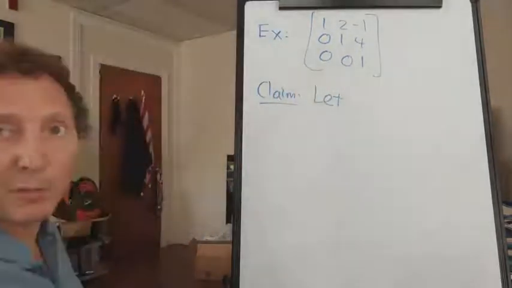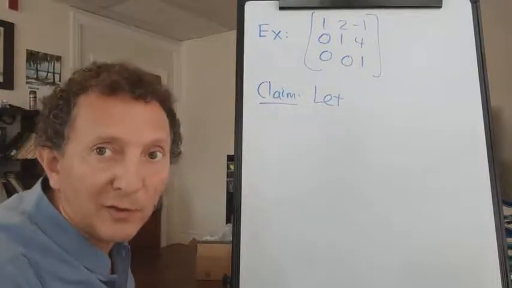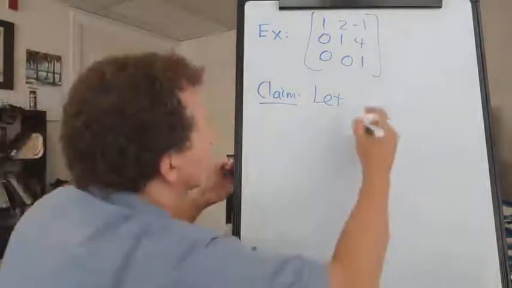Now I claim that if you multiply two upper unitriangular matrices, you get another upper unitriangular matrix.